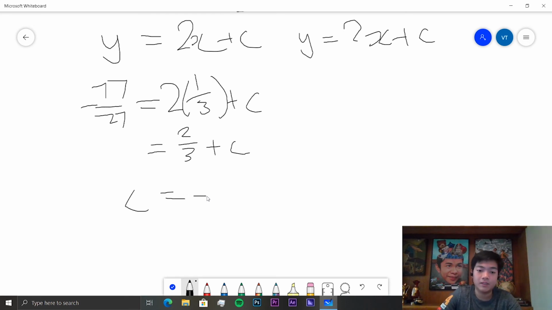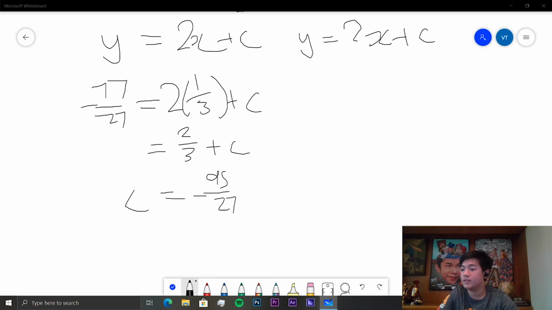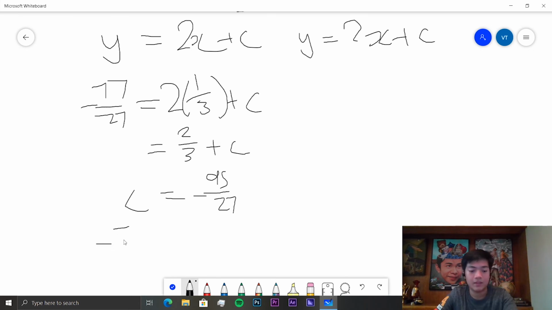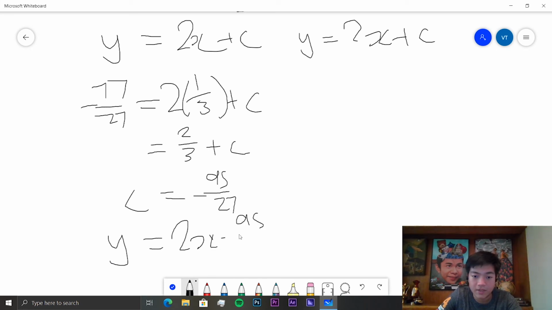So this is equal to negative 95 over 27. Quite a yucky equation, actually. I want to check if I've got this right, but I think this is correct. So we have y is equal to 2x minus 95 over 27. Should be your answer here.